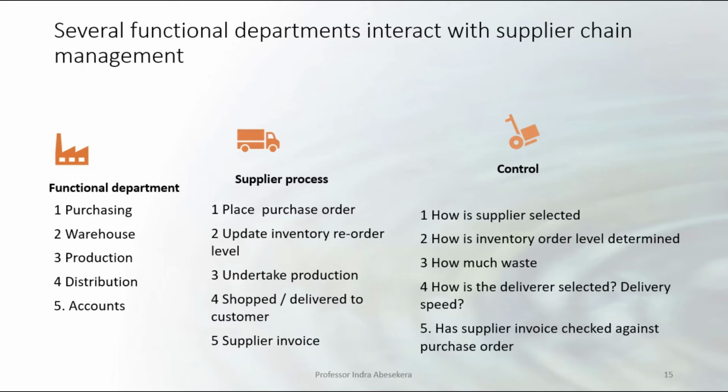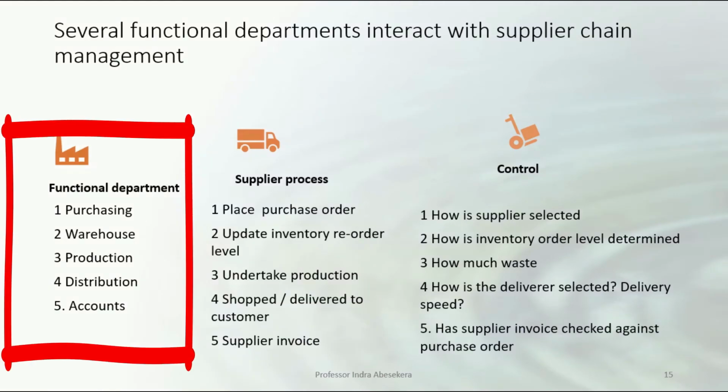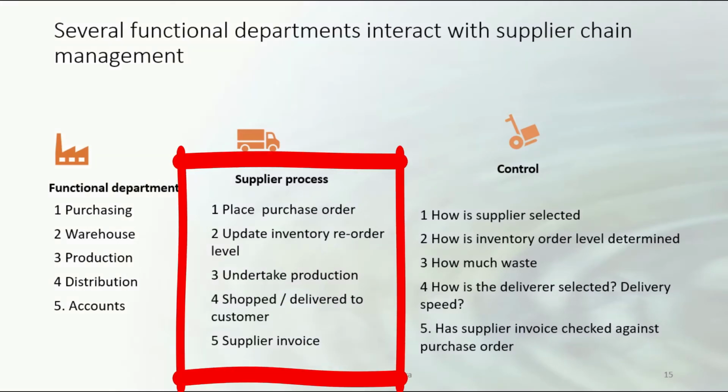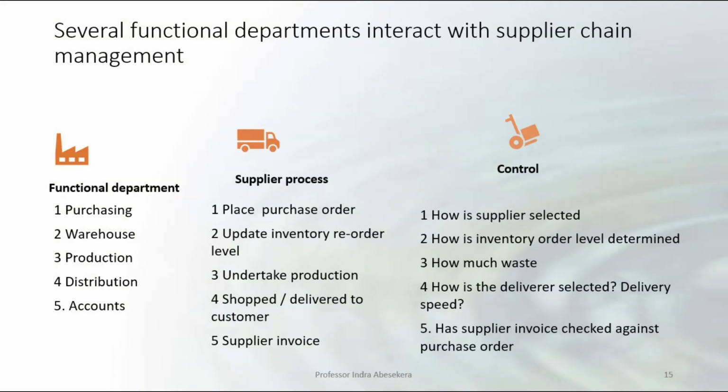Now, in this illustration, I'm taking the supply chain management from purchase to pay only. So there are functional departments that get involved in a supply chain: the purchasing, warehouse, production, distribution, and accounts. For the processes undertaken by each of these functional departments, purchasing places an order.